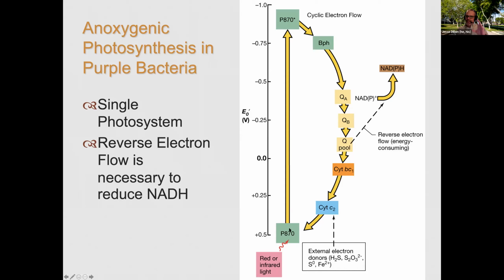The power of the light is being used to energize these electrons. And then as they flow back down, not by gravity, but by simply being passed from one carrier to another, becoming less electronegative, more electropositive, as that happens, they can do work. And if you remember from your photosynthesis lessons earlier, the light reactions of photosynthesis generate ATP, and that can be used for a lot of purposes.